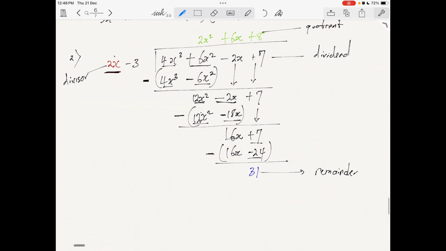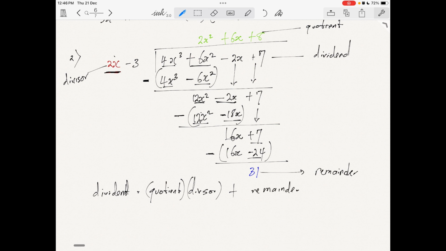Now, remember we write it in such a way that we say dividend is equal to quotient multiplied by divisor plus remainder.